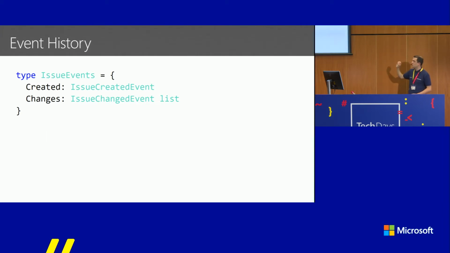So the code will not compile unless you provide an instance of event for this history. Again, it's guarding us from making stupid mistakes. And then the changes, I can have 0, I can have 1000, doesn't matter. I model it with a list of change events. So this history will always be valid, at least on a high level.